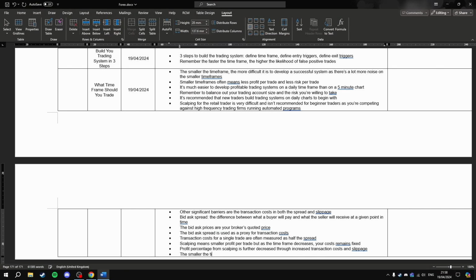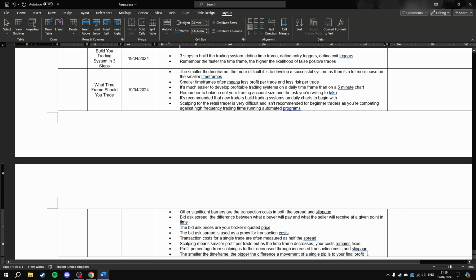The smaller the time frame, the bigger the difference a movement of a single pip is to your final profit.